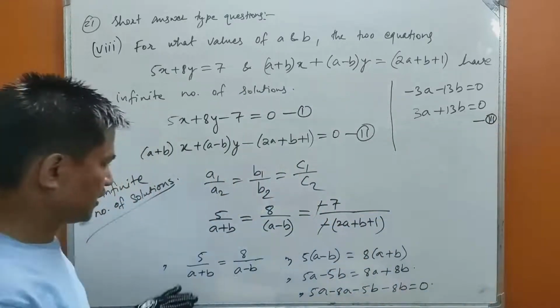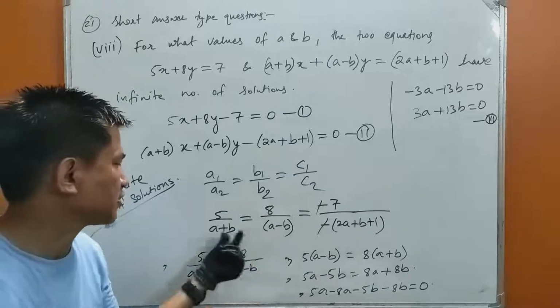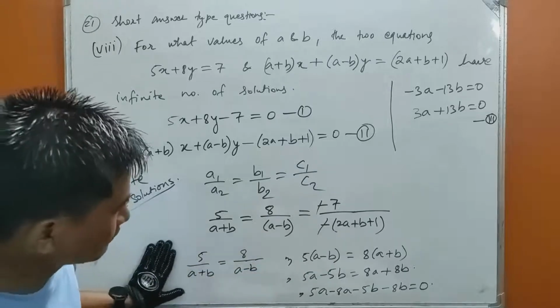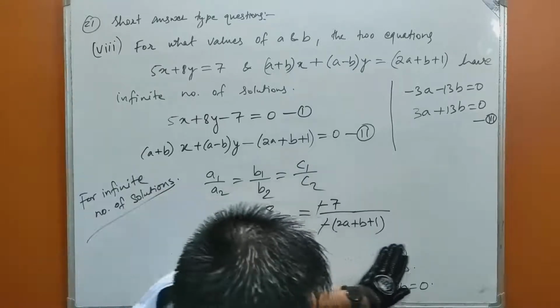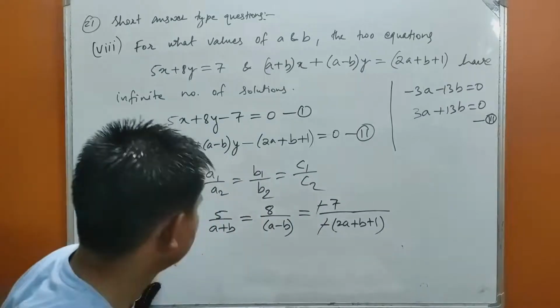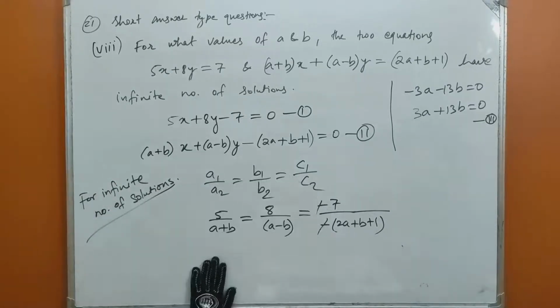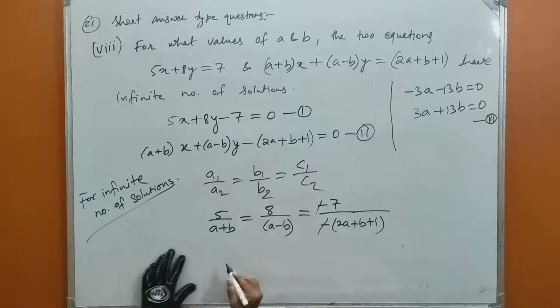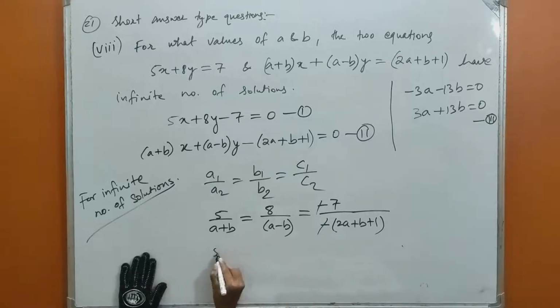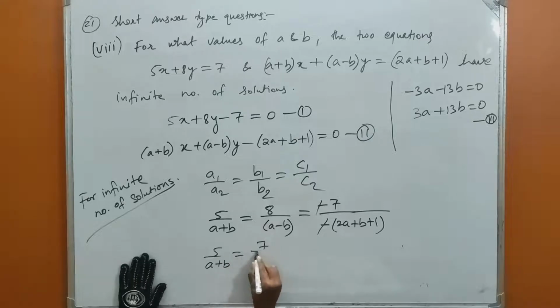So now let us again equate this and this. Now let me equate this and this. 5 upon A plus B equals 7 upon 2A plus B plus 1, isn't it?